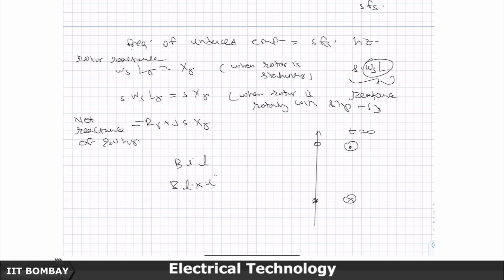So it will create a force F in this direction, and similarly there will be a force F created in this direction, and so there will be a rotation of the coil.